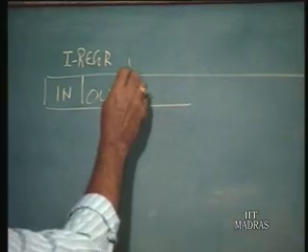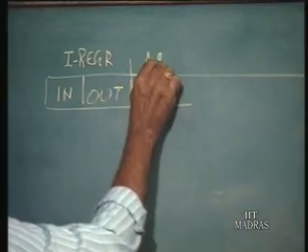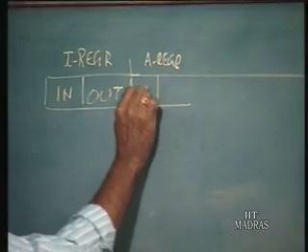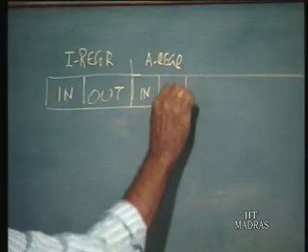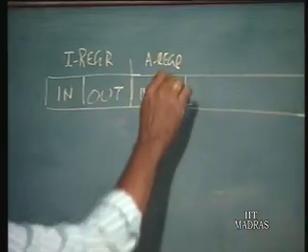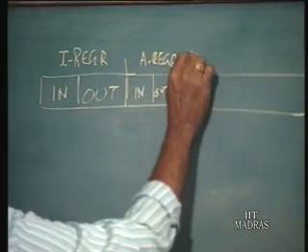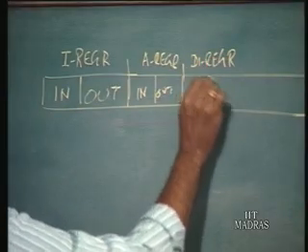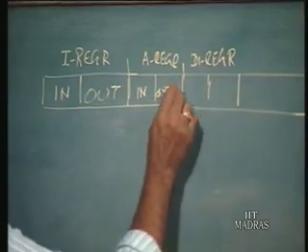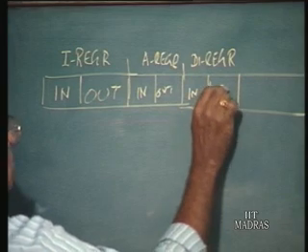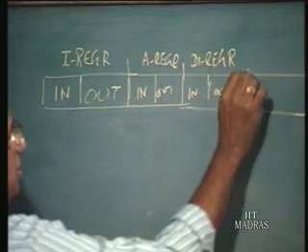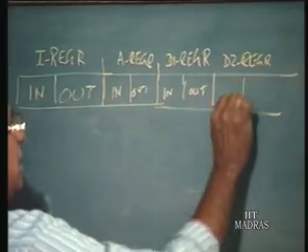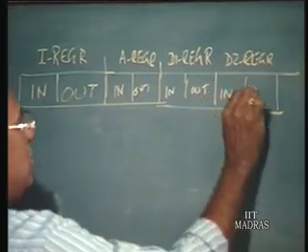Then we have the A register, similarly for that also we have in and out. Then we have the D1 register, same in and out. Then we have the D2 register, again in and out.